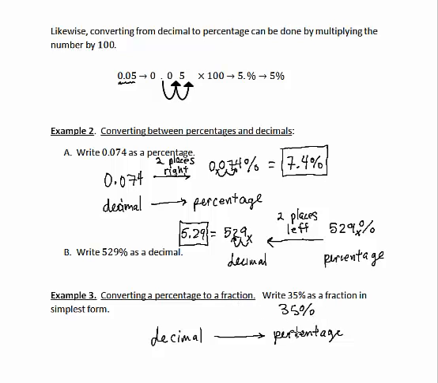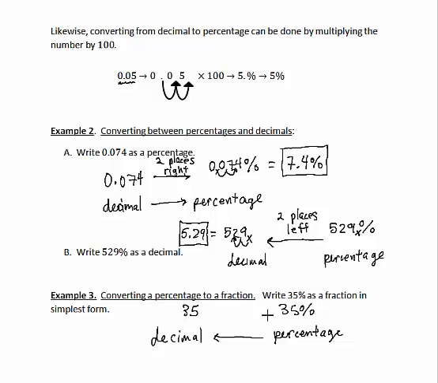And so to go from percentage to decimal, I'm going to the left, and I should have drawn my arrow that way. Let's see. Reverse my arrow there. I want to go to the left from percentage to decimal. So as before, I moved 2 places to the left.